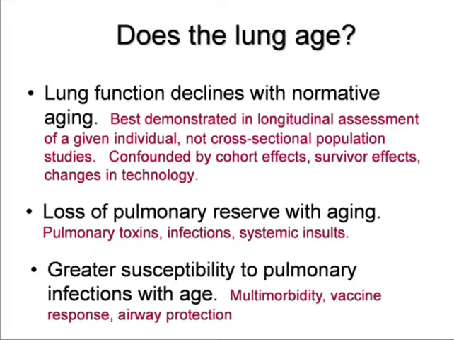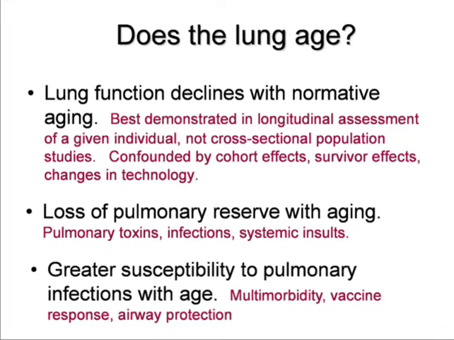So our first question is, does the lung age in a stereotyped fashion? Three observations are of interest. First, lung function declines with normative aging. This has been demonstrated both in cross-sectional studies and in several longitudinal cohort studies, which serve to minimize the cohort-specific effects.